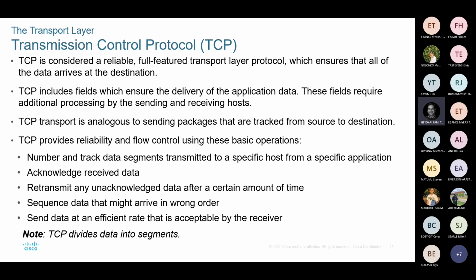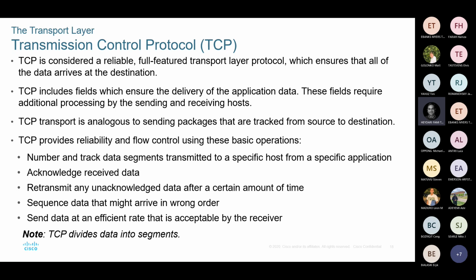So TCP is full-featured also in a sense that TCP can help you to determine the right rate at which you can send and receive segments. This is known as flow control.